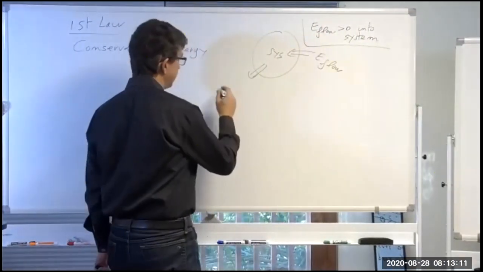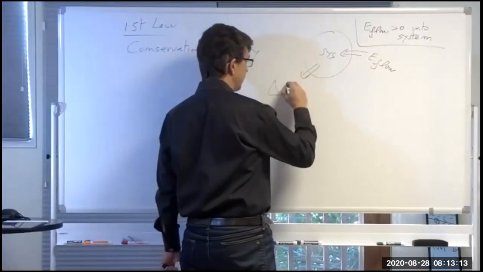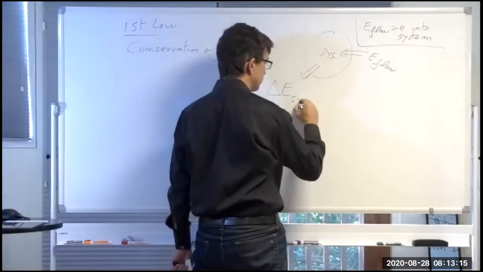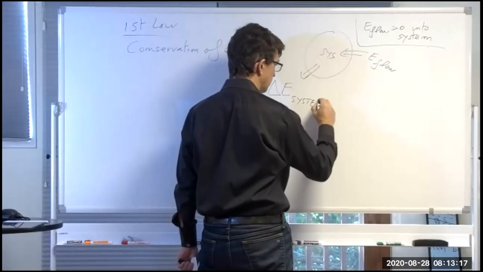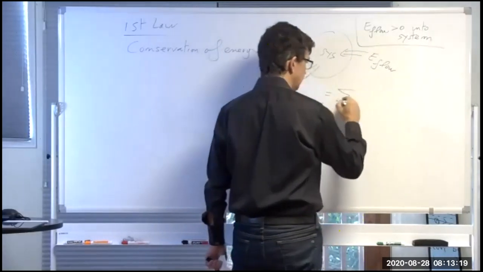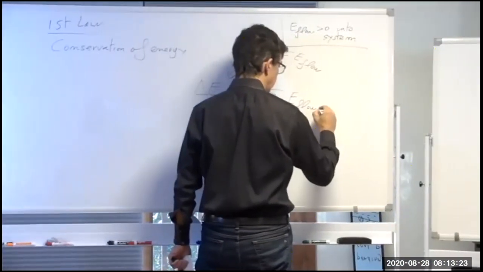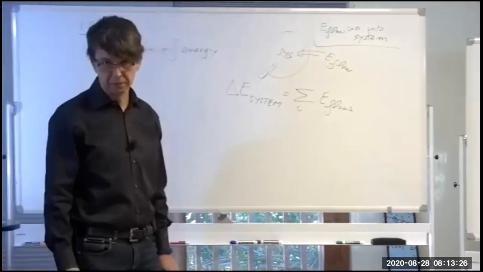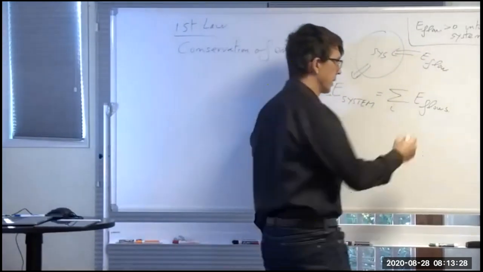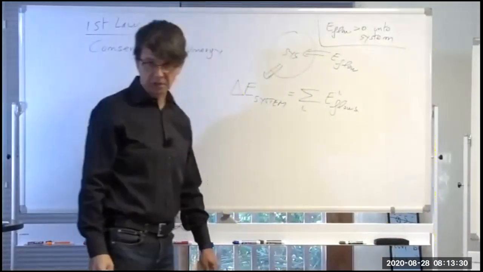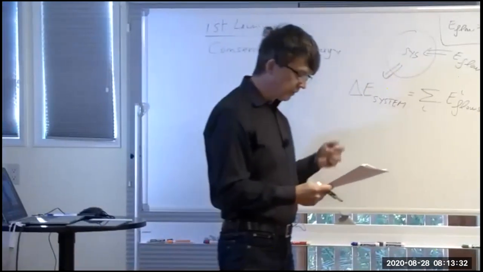So then the first law is simply a statement that the energy change of a system is the sum of all the flows, right, across the boundary. I know I could label it, where you state positive is going in, negative is going out.